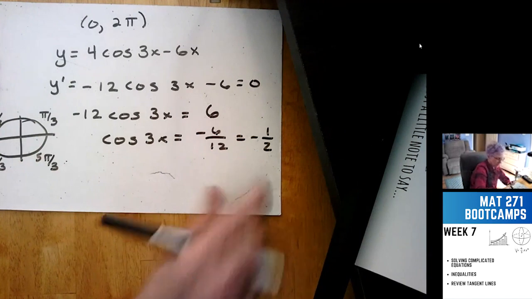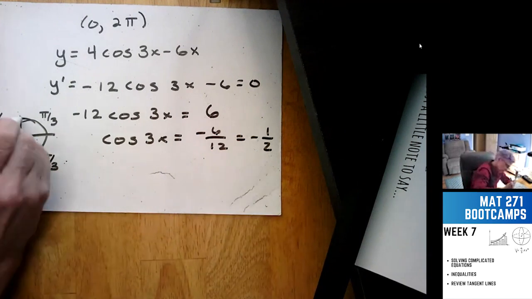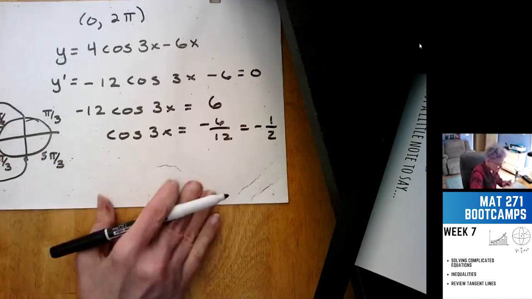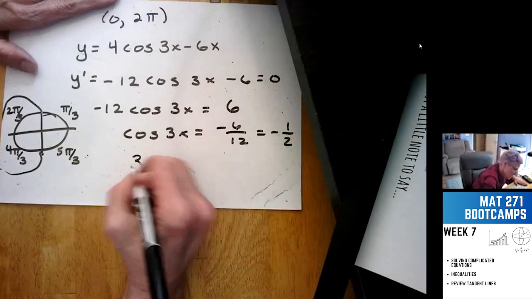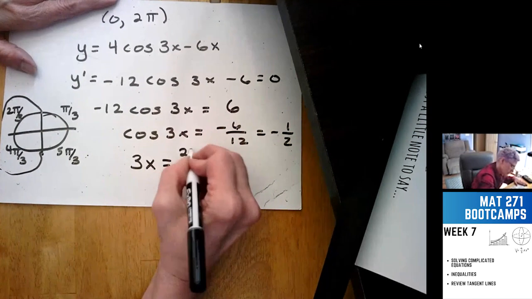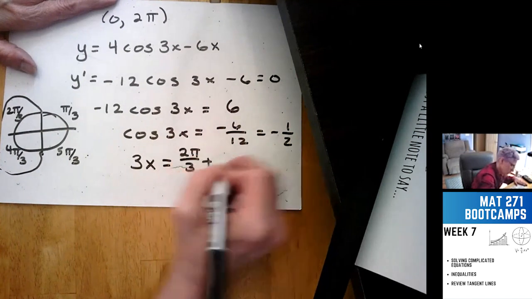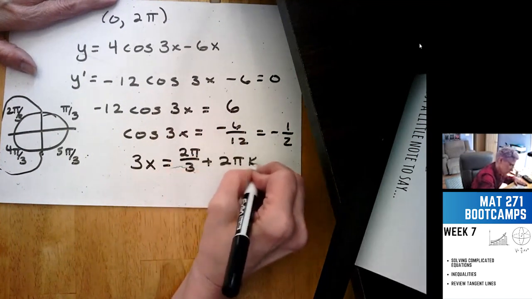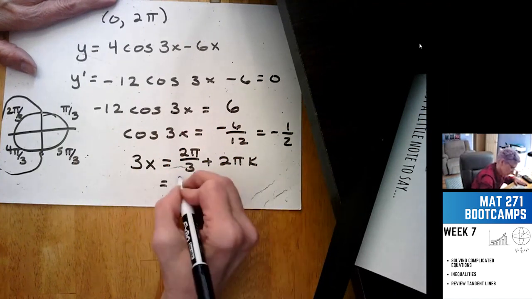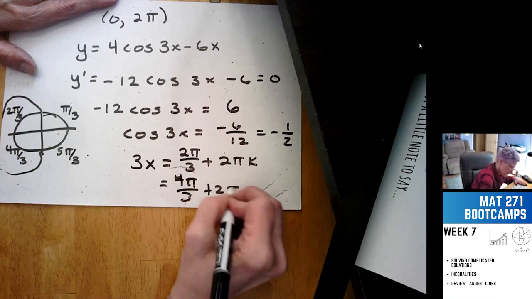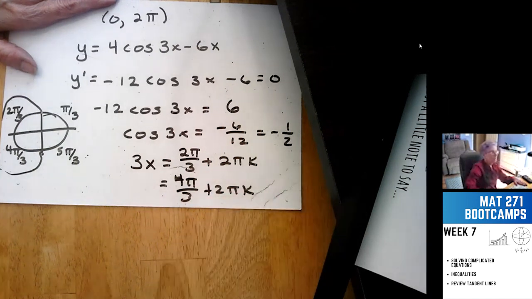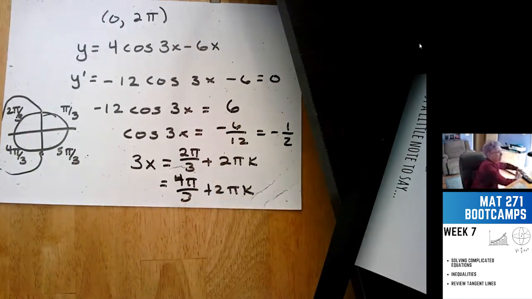And cosine is negative over here. Right. Okay, so that means that 3x is equal to 2 pi over 3 plus 2 pi k, or 4 pi over 3 plus 2 pi k. Did you get that far?